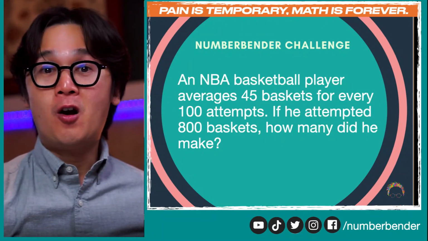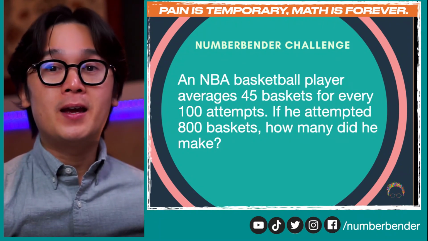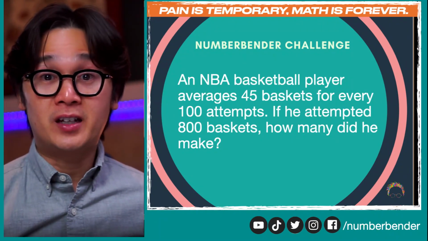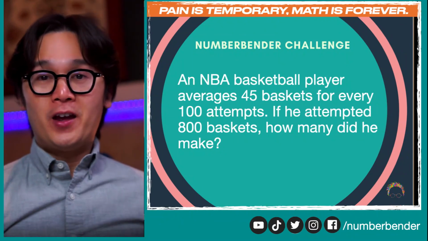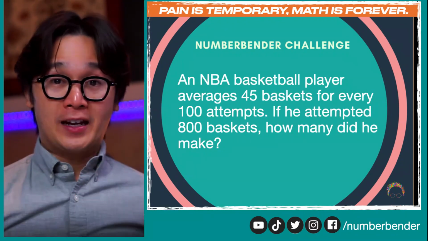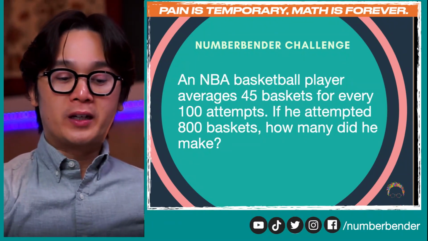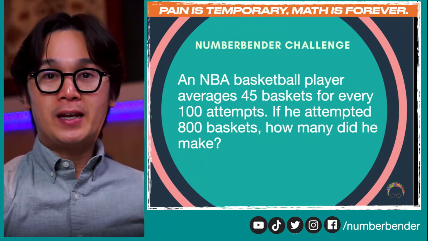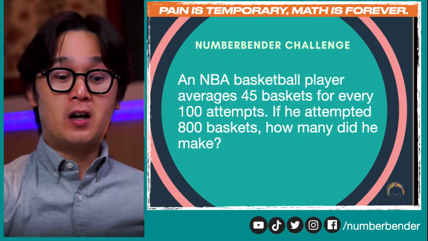So find out the number of baskets he will make using the proportion that is given to us. And that is your Numberbender challenge today, that you can comment down below for your answer for our work on proportion and in our lesson on the properties of proportion.